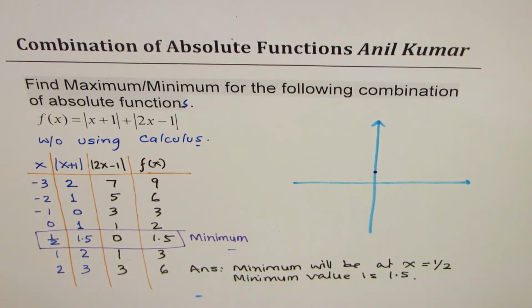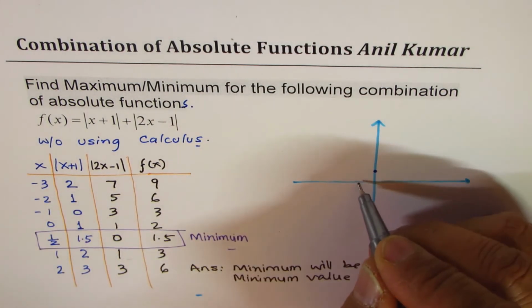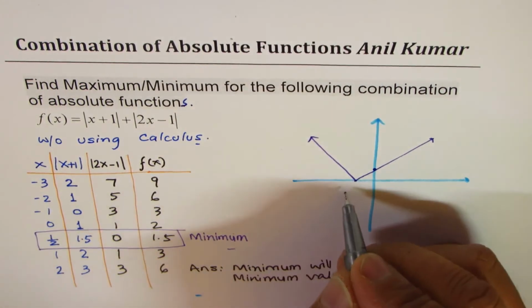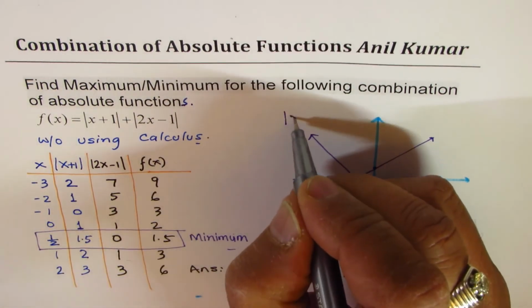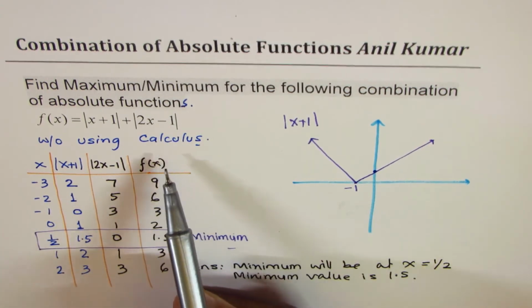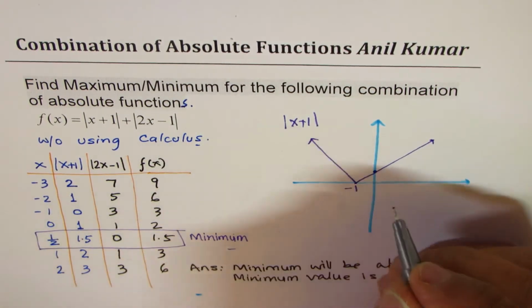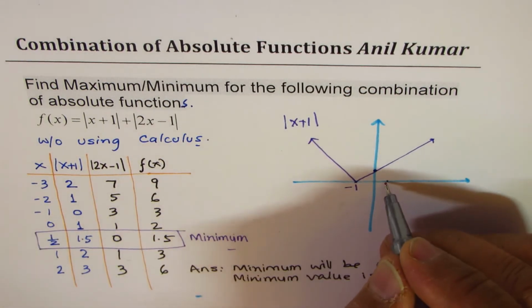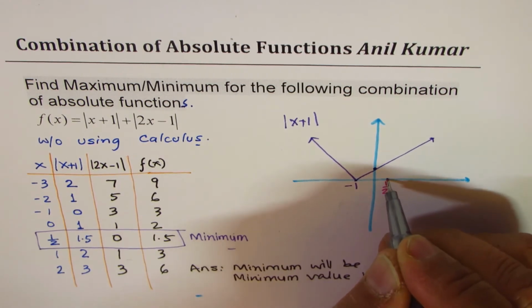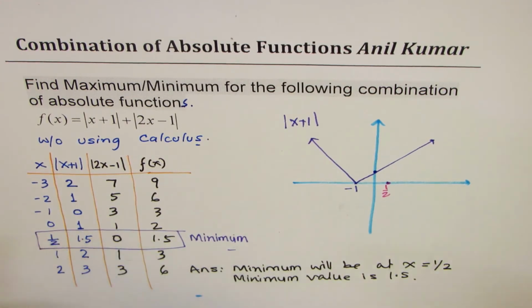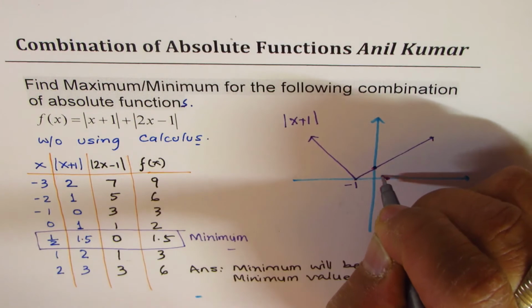So that is one way we can definitely do it. If you sketch this function as per what we were doing, you will see that this is the function |x + 1|. And this |2x - 1|, as you saw, is actually 0 at half. So it's somewhere here. Let me use a different ink. It is 0 at half, and at 0 it has a value of 1, which is this point. So it just goes like this.